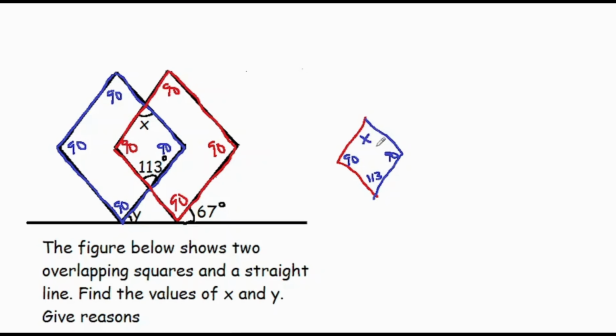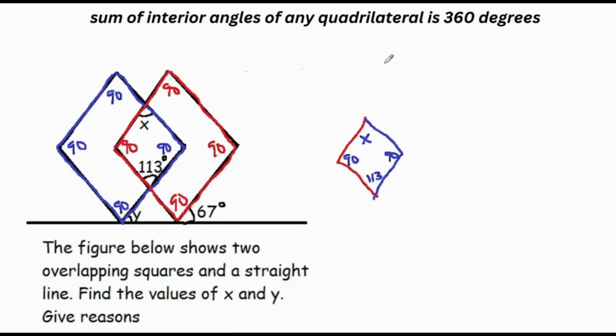What is the sum of angles in a quadrilateral? Whether square, rectangle, rhombus, or kite, the sum of angles in a quadrilateral is 360 degrees. So x plus 90 plus 90 plus 113 equals 360.